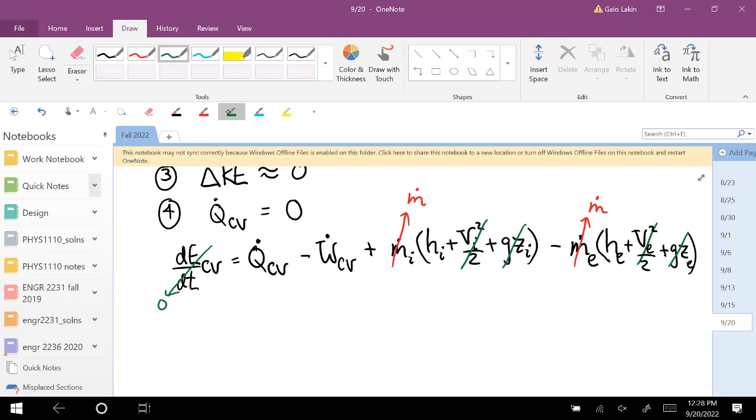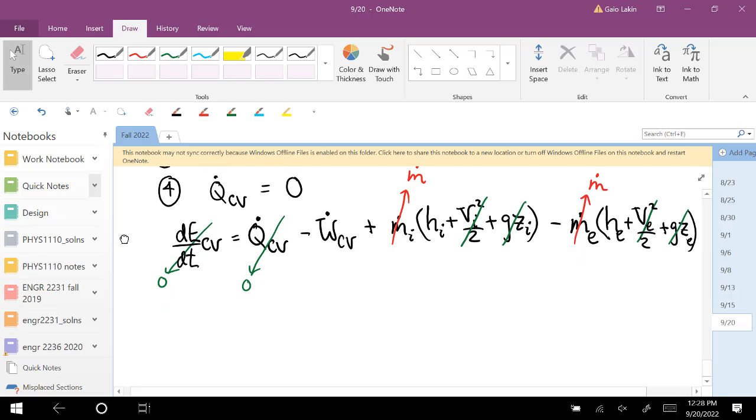Oh, and one more, cancel the heat. And so you get the rate of work done by the control volume is equal to m dot times the quantity h_i minus h_e. So that difference in the enthalpies is due to the change in pressure.